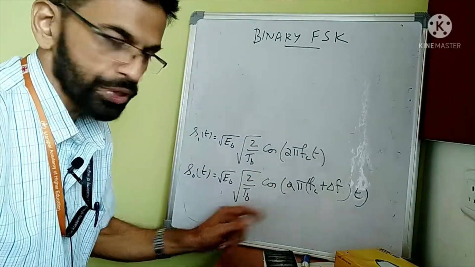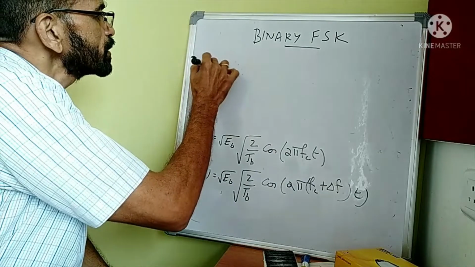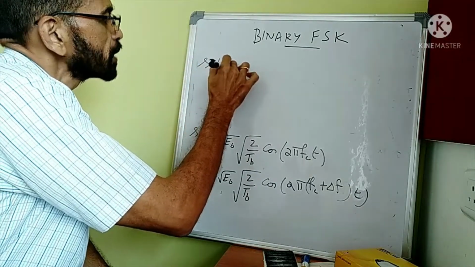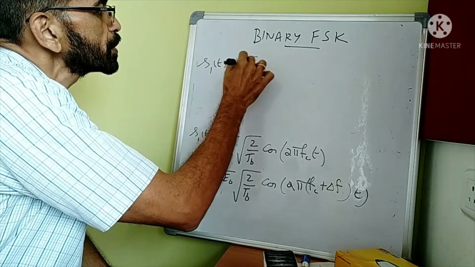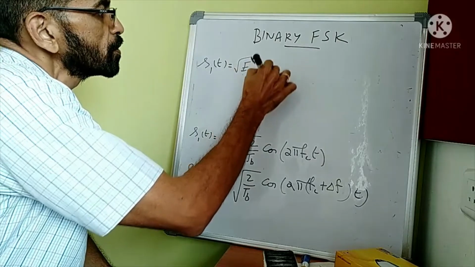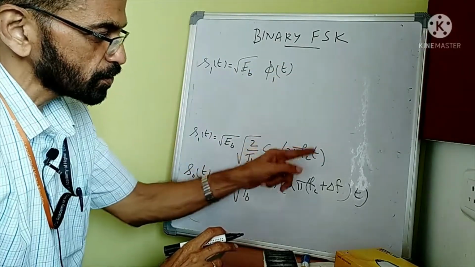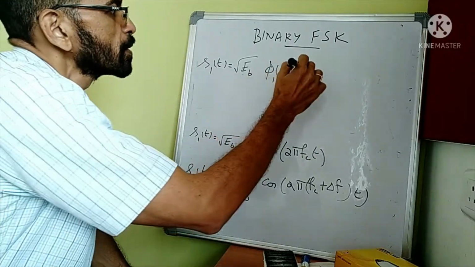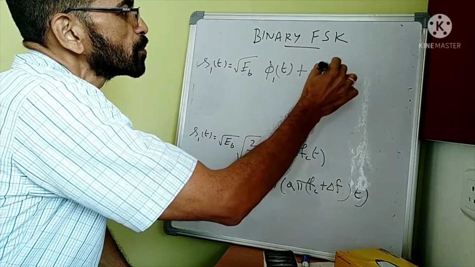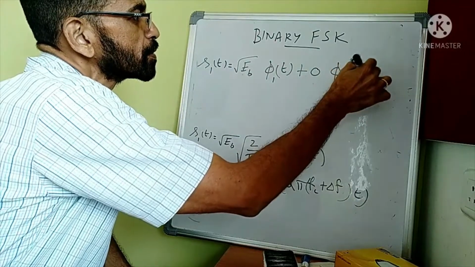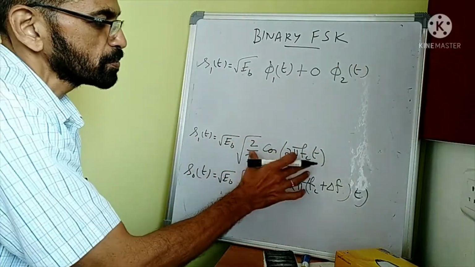They are individually of unit energy and they are orthogonal, so it's an orthonormal set of two functions, say phi 1t and phi 2t. So I can write S1t as equal to root Eb phi 1t. So I'm calling this phi 1t, plus 0 phi 2t, because S1t is just root Eb phi 1t.